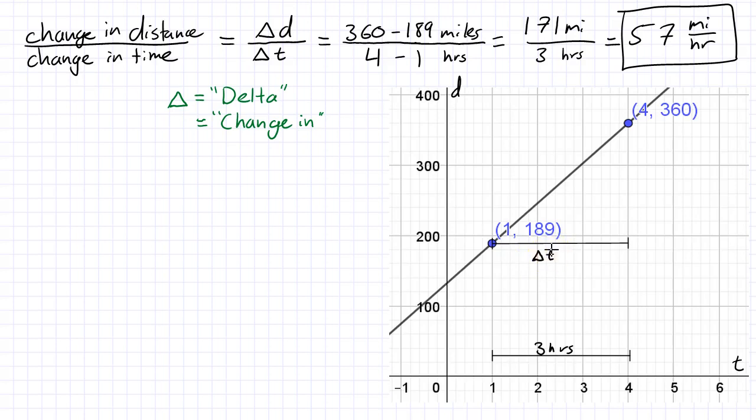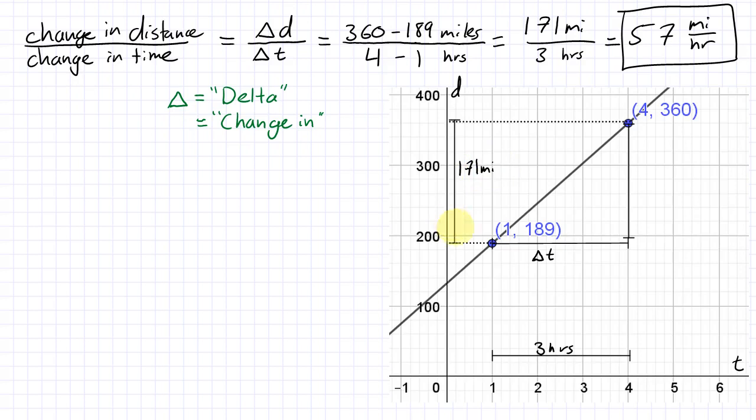And likewise, the change in the distance is this vertical distance between these points, because this y-coordinate there is 360, and if you do 360 minus 189, you get that vertical distance there, which is 171 miles.